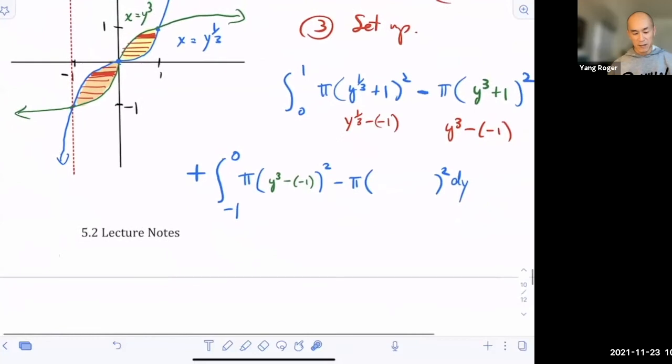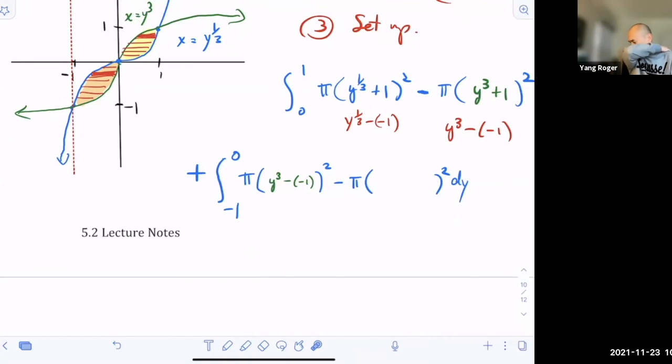Then for the other one, I hope you guys can see that R small is going to be the distance from the blue curve to -1. So the blue curve is given by the cube root of y.